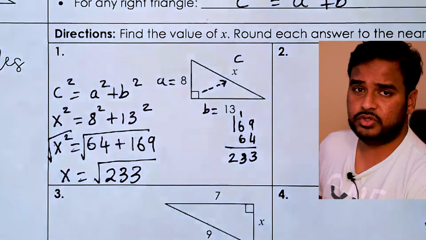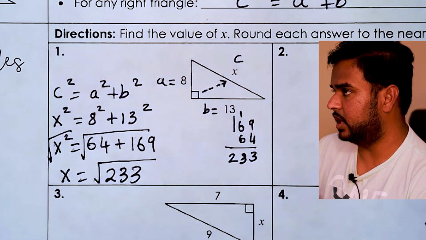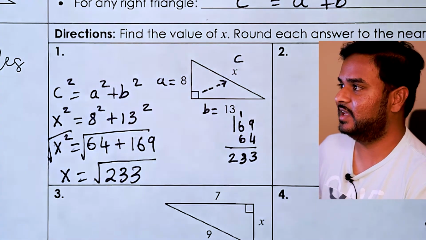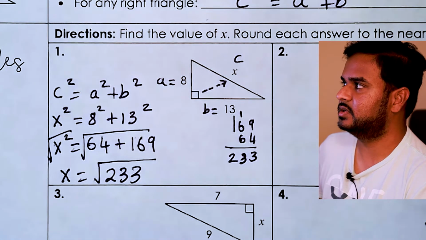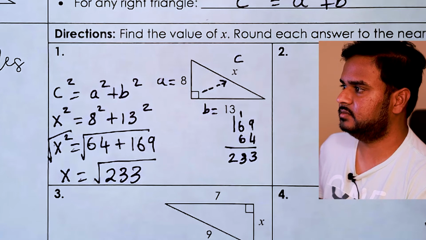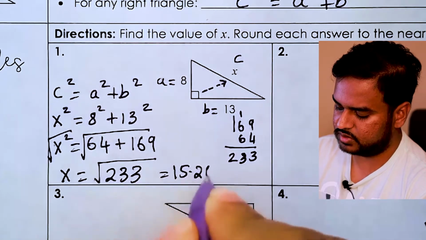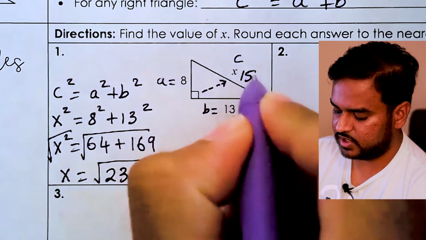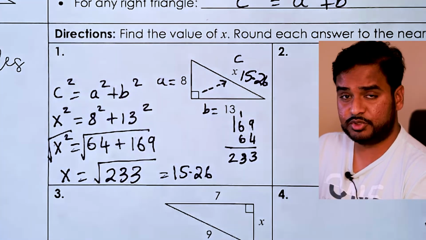You can use your calculator for that. I'm going to just Google the answer. It's 15.26. So X is 15.26, and C is 15.26. All right, that was pretty simple.